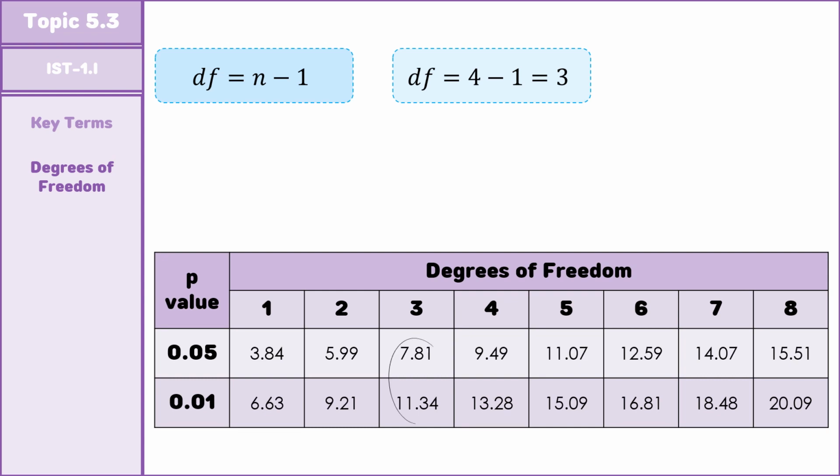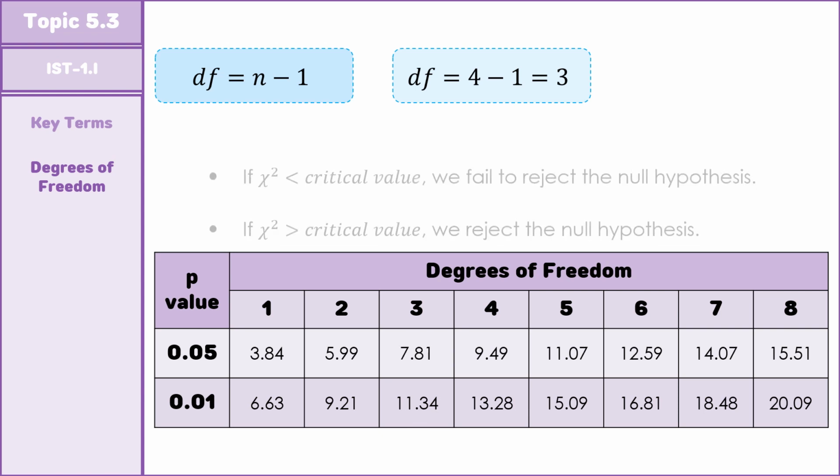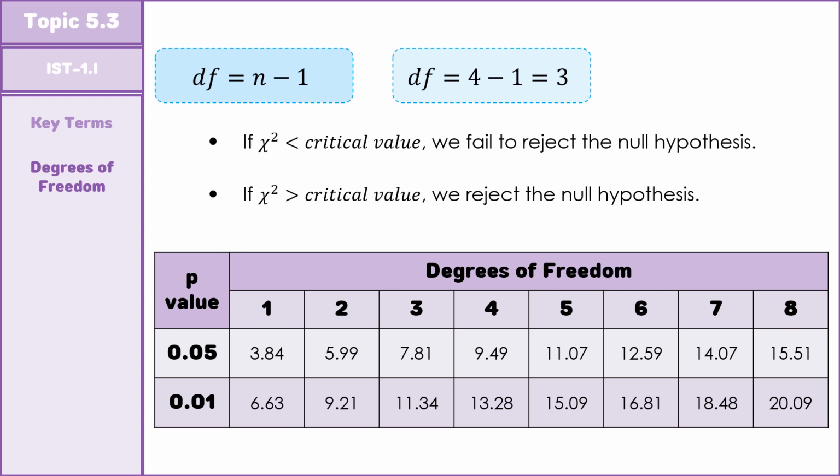So I'm looking next to the 3 column, and I am presented with the same potential statements to make based on this data. I'm going to look at my gigantic chi-square value and ask, am I greater than or less than the critical values in that degrees of freedom 3 column?